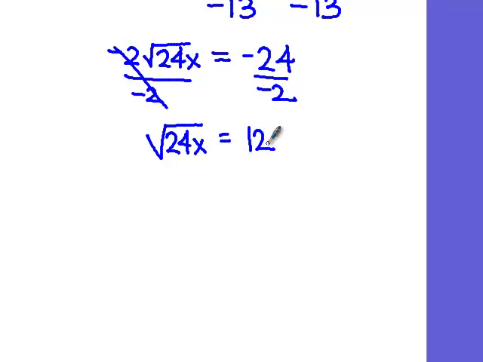Now we're ready to take everything under the radical and square it. Because this is a square root, we will take everything and square it.